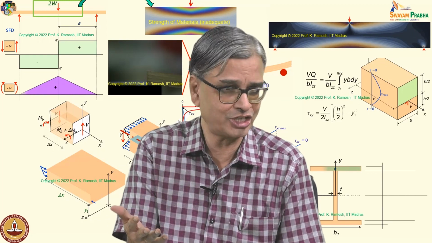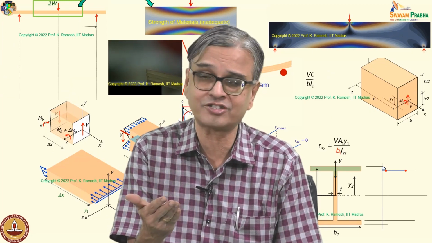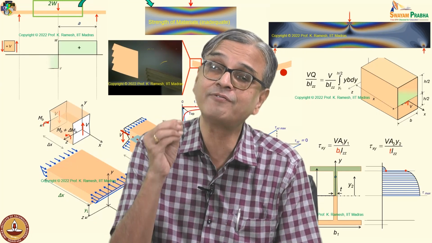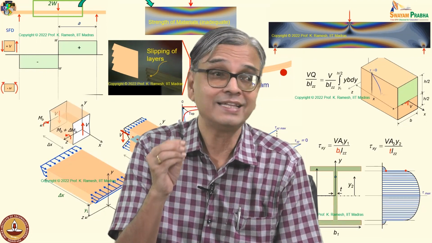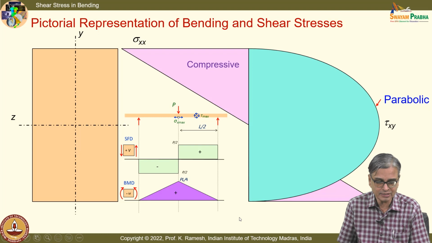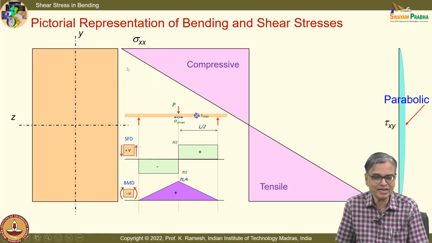When you look at a picture, it is the same thing I discussed when you are looking at the stress strain curve in the tension test. I focus that you have to give importance to the level of strain. On similar lines, suppose I plot to scale what is the shear stress, hardly anything. Look at this and look at this.